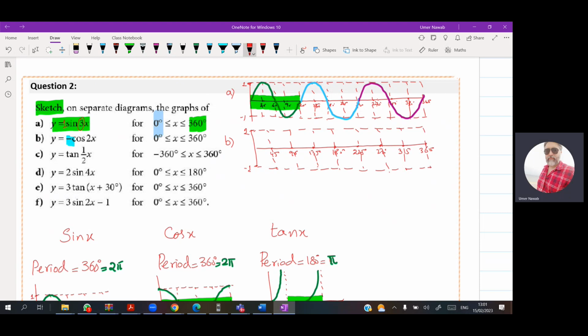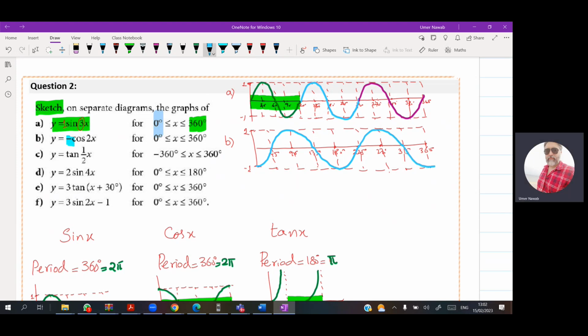You remember, normally the cosine graph starts from here. But now I'm not going to start from here, since he multiplied with a negative number. So a negative number tells you that the cosine graph will be reflected about the x-axis. So I'm going to start from here. Here you go. You make this one, then you do this, then you do this, and this is done.